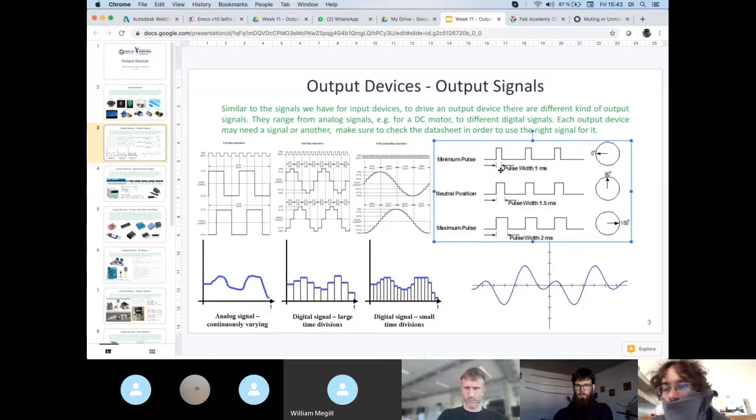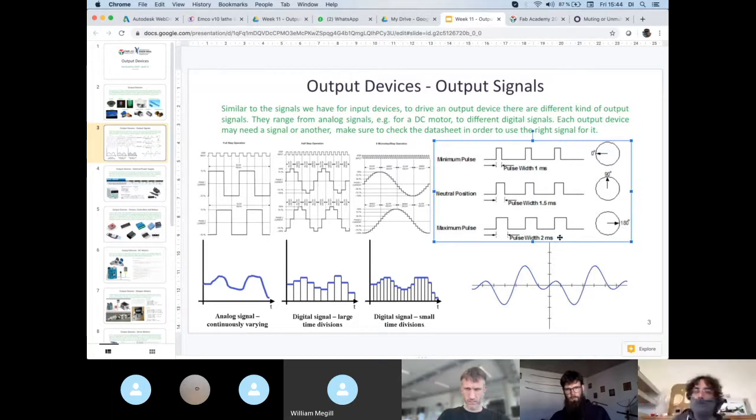Usually this is some kind of standard that also works for the brushless motor. The pulse duration goes from 1 millisecond to 2 milliseconds. The lowest speed or the 0 degree position is 1 millisecond. The maximum speed or 180 degree position is a pulse of 2 milliseconds.